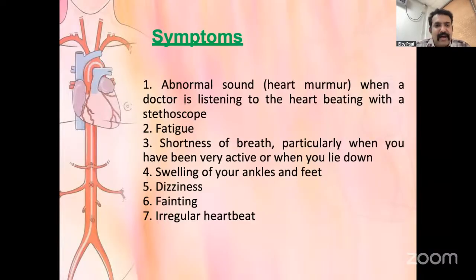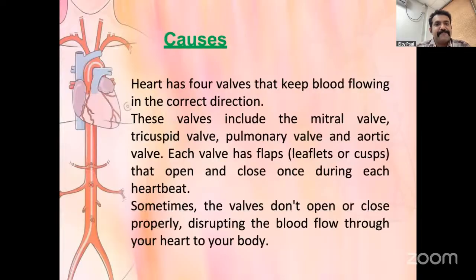Second is fatigue, shortness of breath, particularly when you have been very active or when you lie down, swelling of your ankles and feet, dizziness, fainting, irregular heartbeat. These are the symptoms. Irregular heartbeat is one of the signs of valvular disease. Causes: there are so many causes.